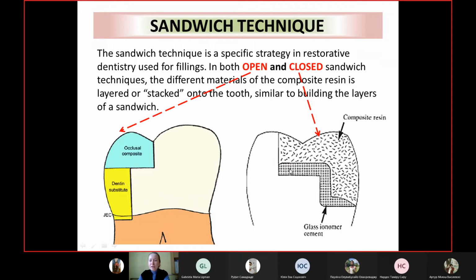In a closed sandwich technique, glass ionomer is placed to the pulpal wall, and above it we have the covering of light curing composite. So glass ionomer cement is not subjected to the oral environment. It is covered totally by resin composite.